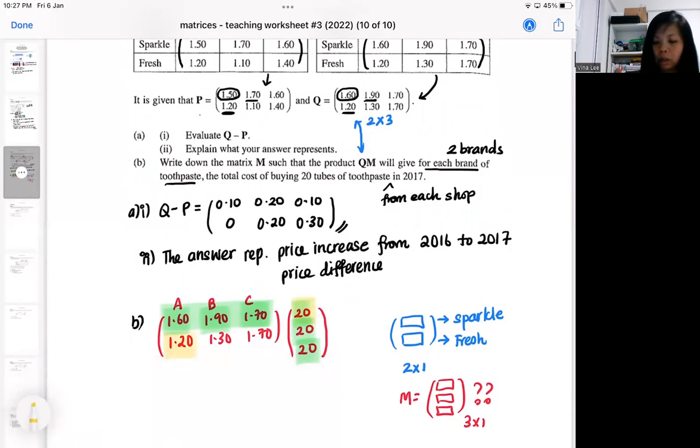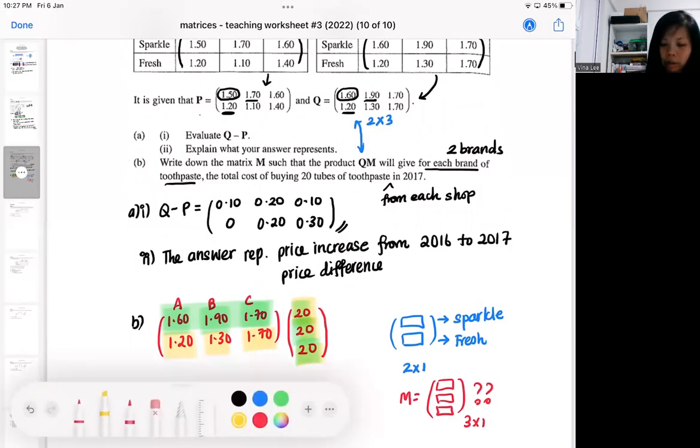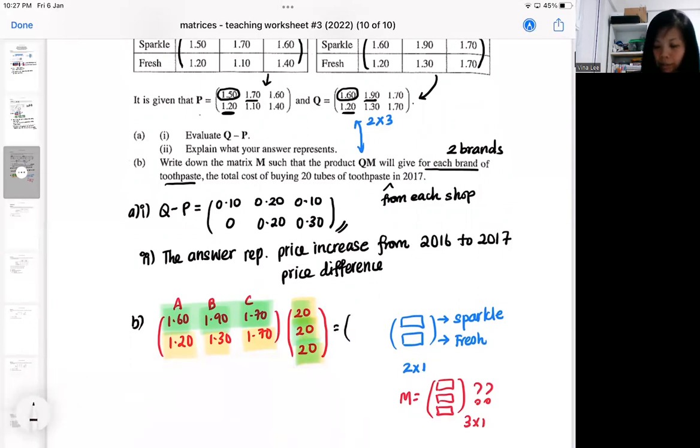So 20 from shop A, 20 from shop B, 20 from shop C. Eventually you will get these two numbers. This is the one to represent Sparkle, and this is the one to represent Fresh. So you're supposed to give the total for two brands.